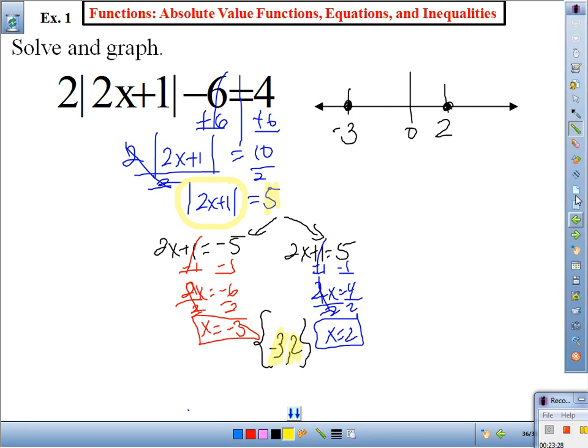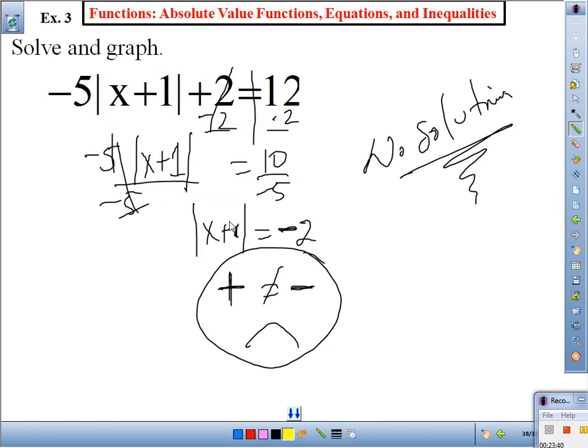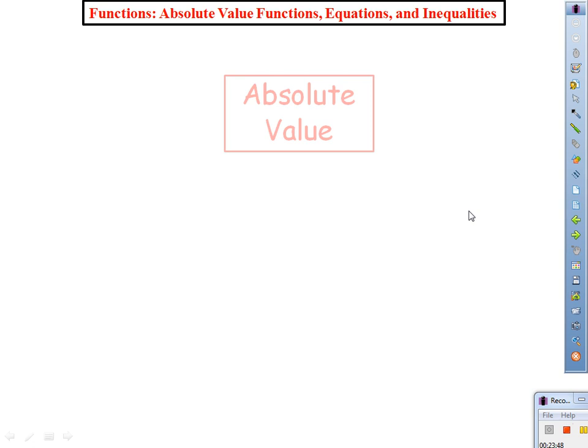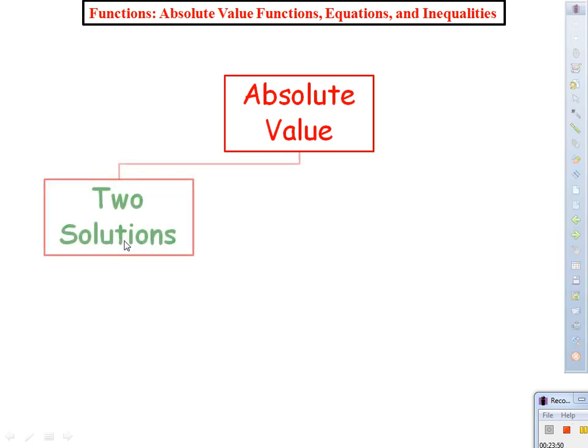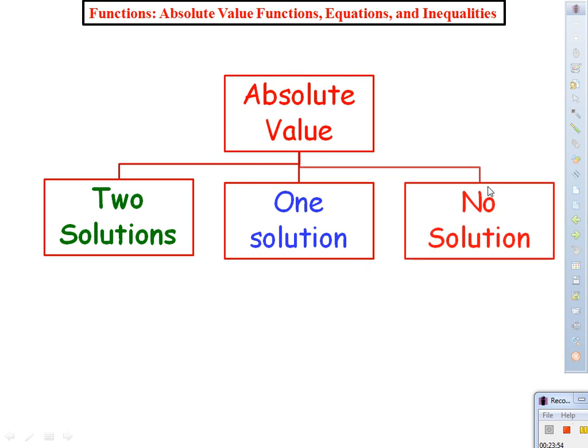All right. Next, after we simplified this one, we left the absolute value by itself, it was equal to a what? 0. How many solutions? 1. Next one, when we simplified, absolute value by itself equal to a negative, how many solutions? No solutions. So if we recap, we can say that there are either 2 solutions, 1 solution, or no solutions.